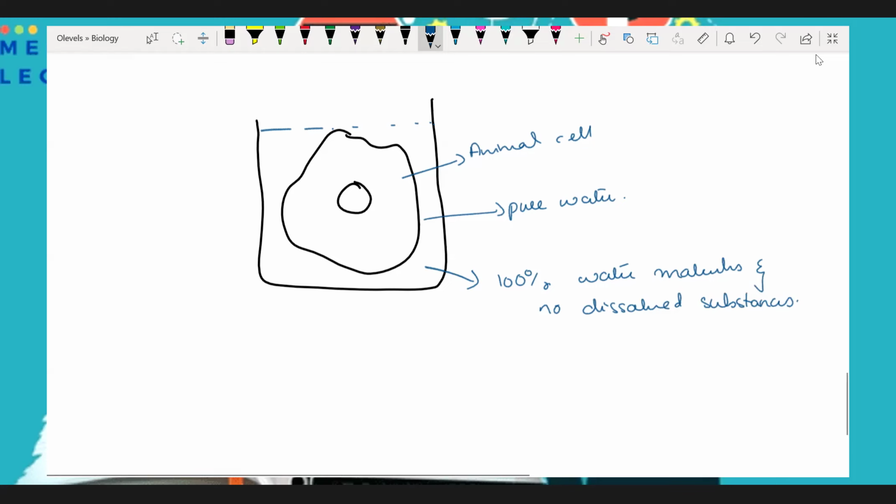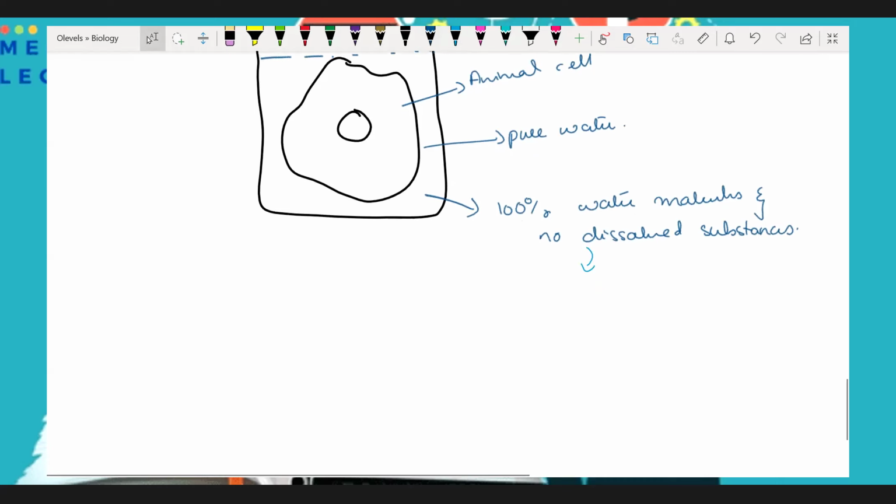So we can say that the water potential outside is higher than inside the cell.